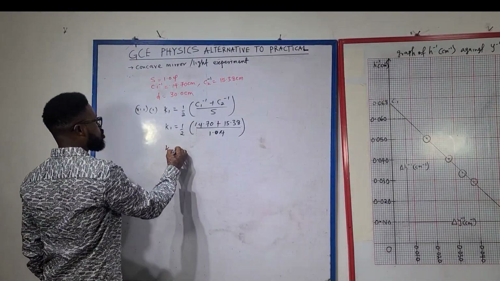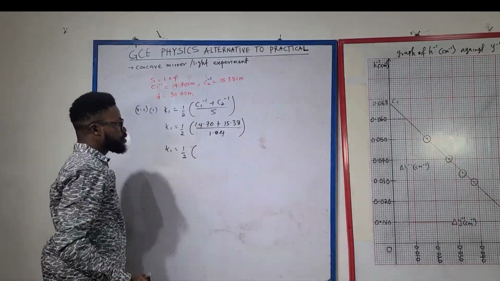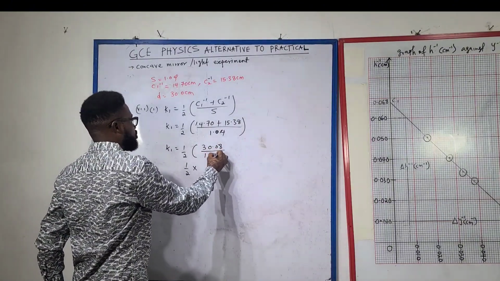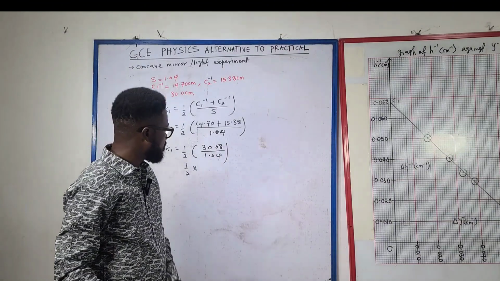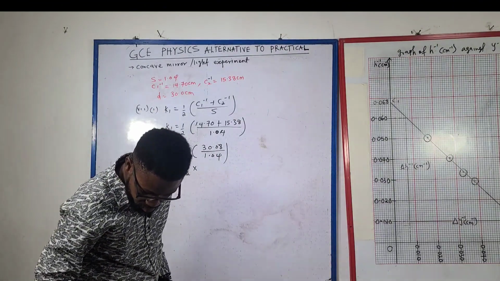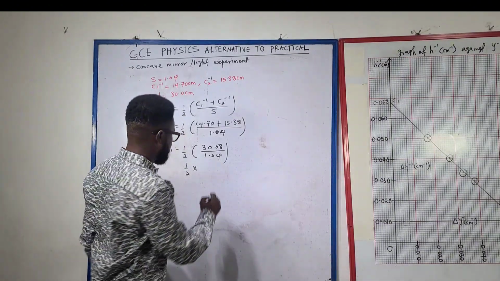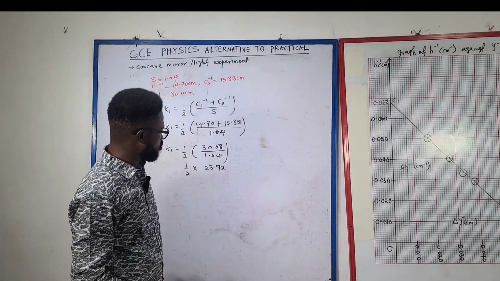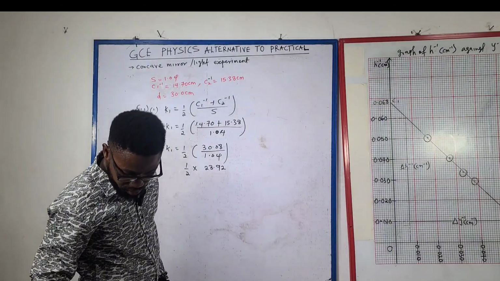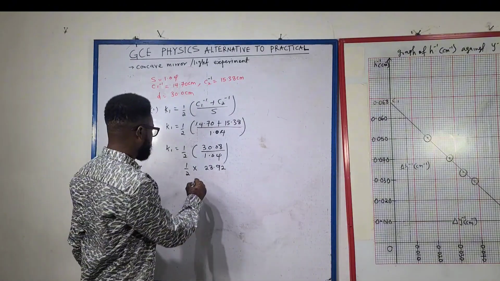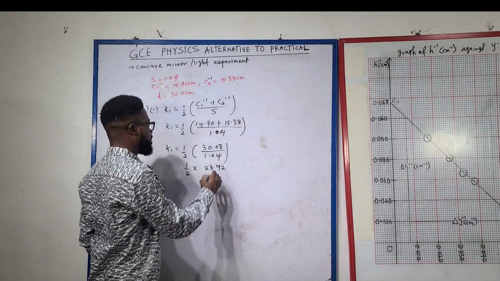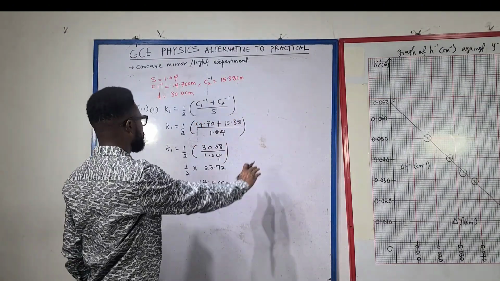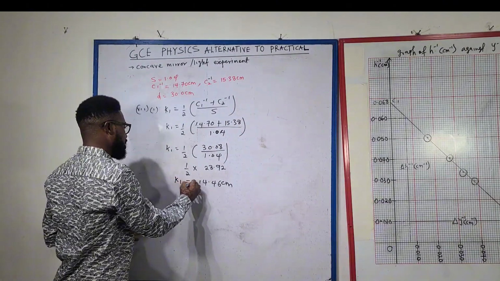So K1 equals 1/2 times 30.08 divided by 1.04, which is 28.92. So 1/2 times 28.92 will give you 14.46. And take note, this will be in centimeters, since the numerator is in centimeters and the slope has no units. That way we've been able to get our K1.